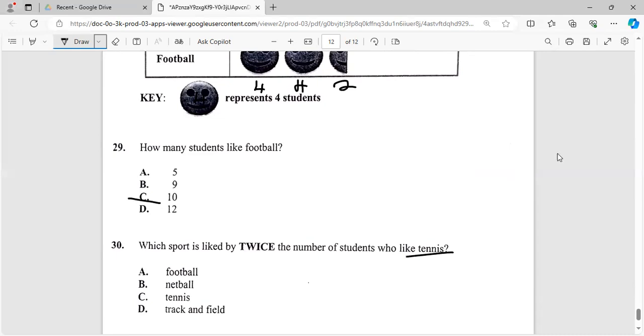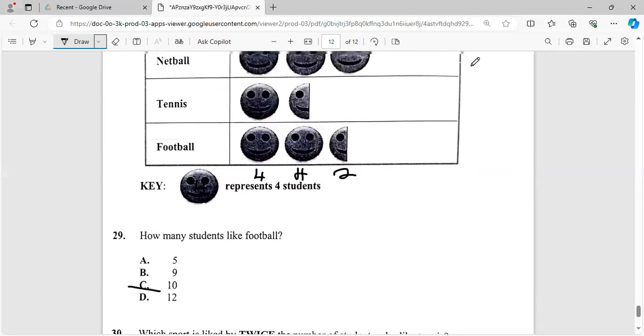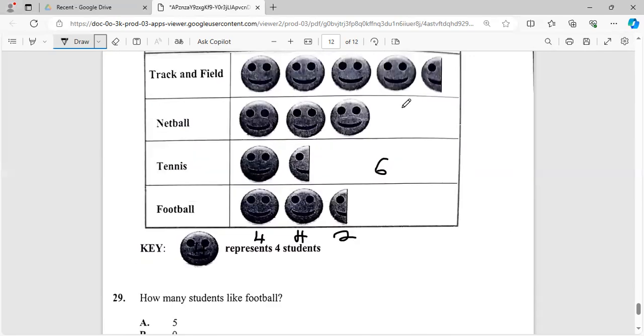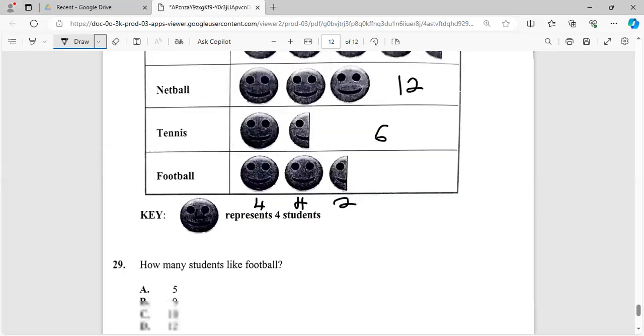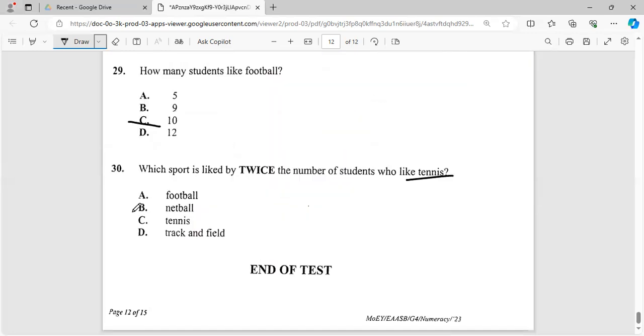First, we find tennis, which is 4 plus 2, which is 6. So I want one that has 12. And of course, here we go. That is netball.